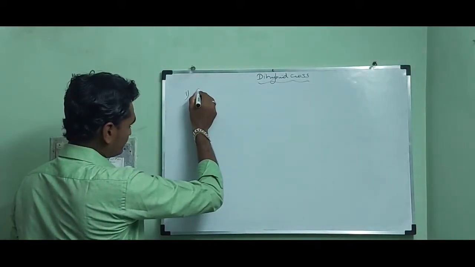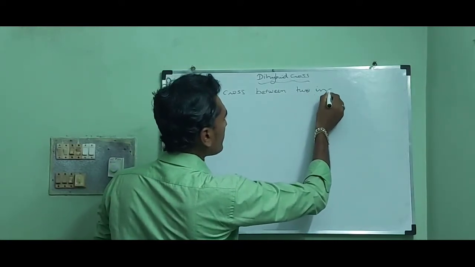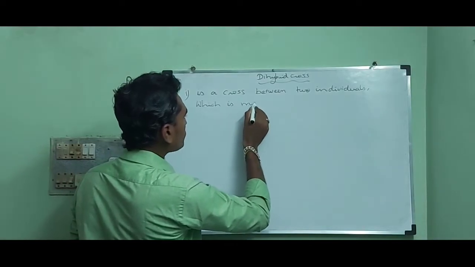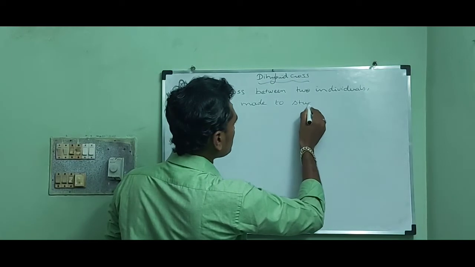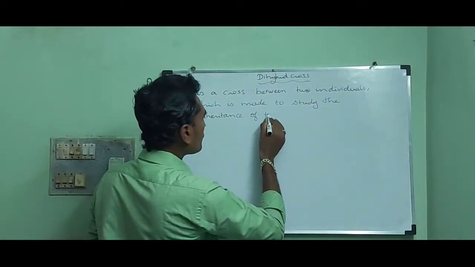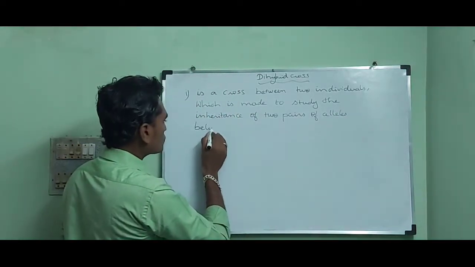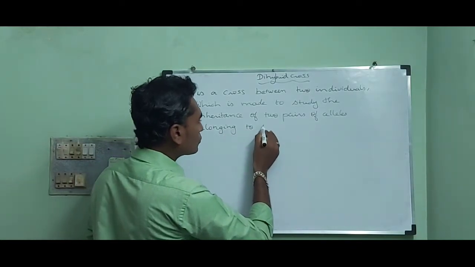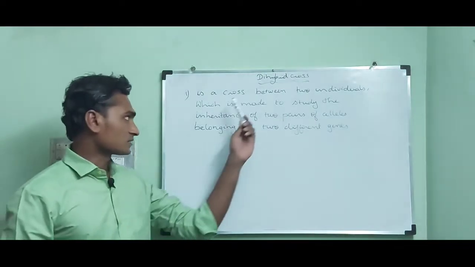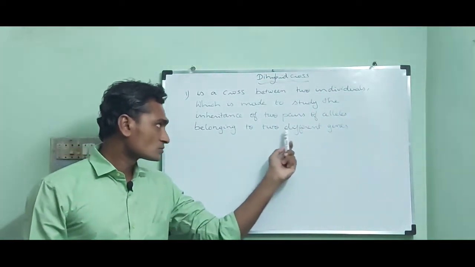Dihybrid cross is a cross between two individuals which is made to study the inheritance of two pairs of alleles belonging to two different genes.